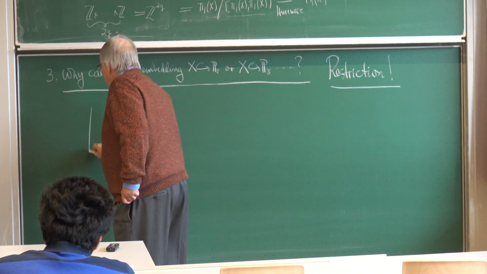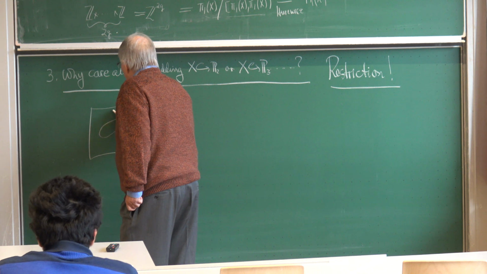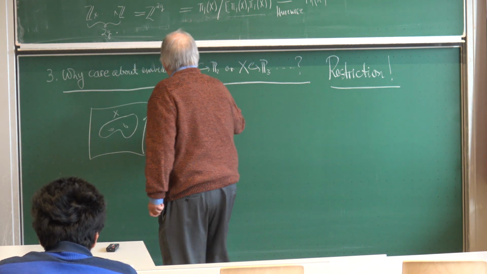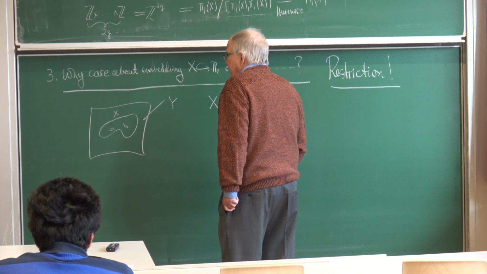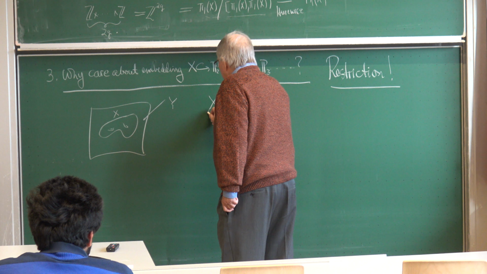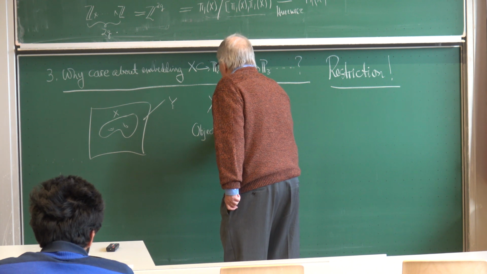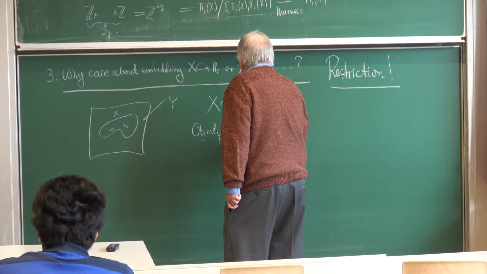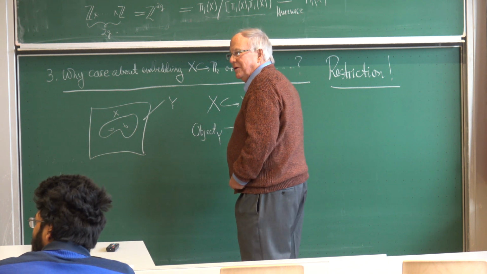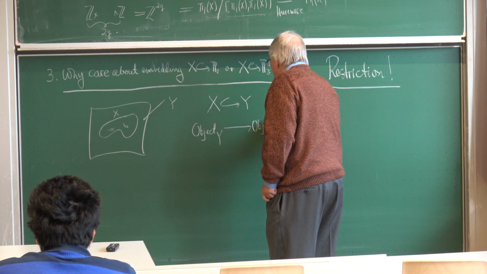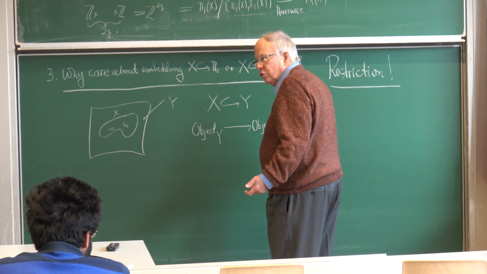So here's the situation. You have, let's say, some space Y, and you have X sitting inside of Y. Maybe I draw it as a Riemann surface. So you have X sitting biholomorphically in Y. And it is completely clear that what you should try to do at least is take an object on Y and restrict it to the same object, but on X. You can restrict the same object to X. Isn't that true?